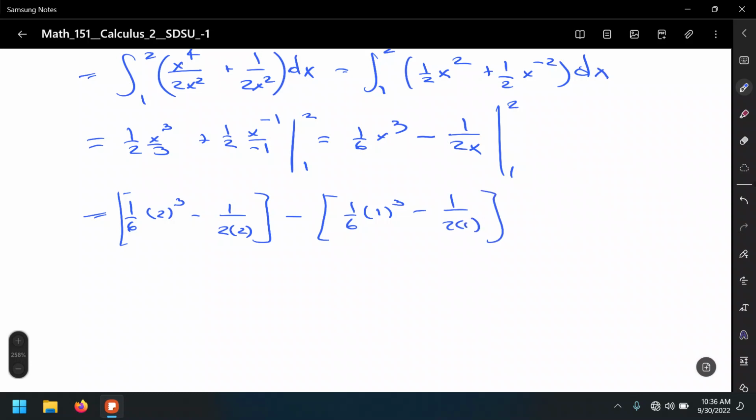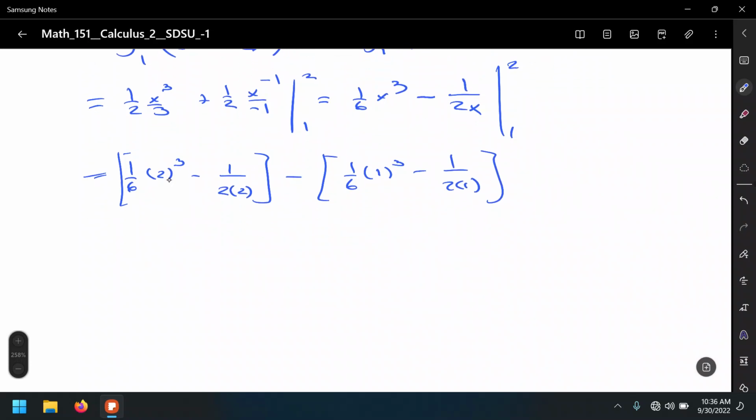Those are the upper limit and lower limit respectively. All right? Okay, so what's this going to be? 2 cubed, which is 8, times a 6th. That's 8 over 6 minus 1/4. And then minus 1/6. And minus, careful, because that's a plus 1/2.